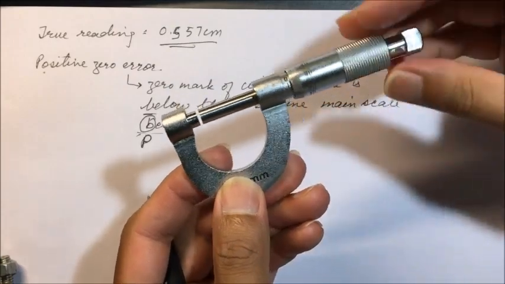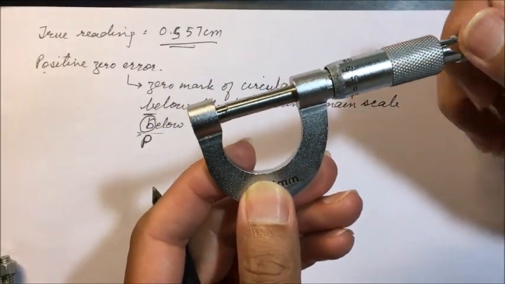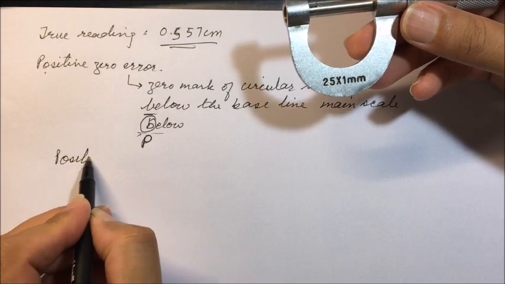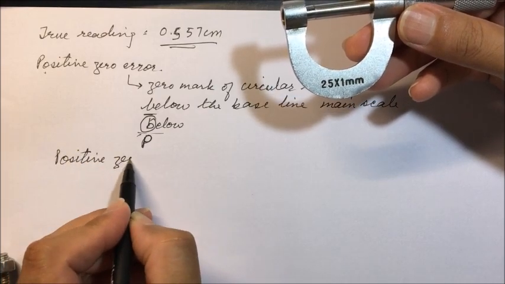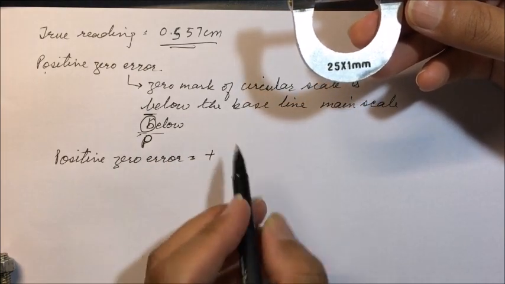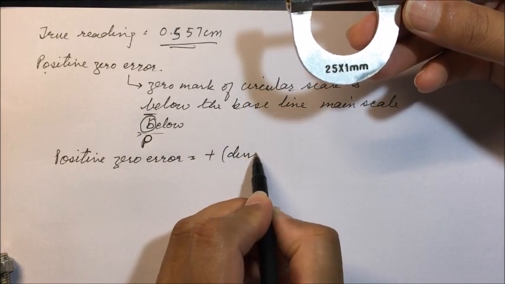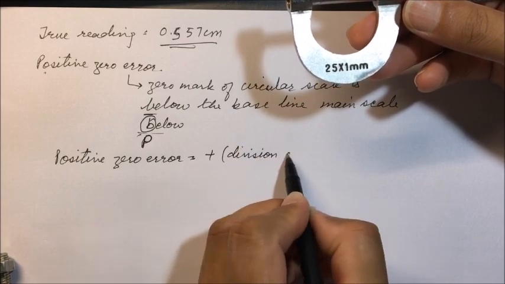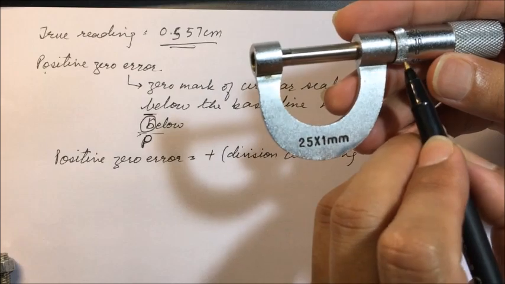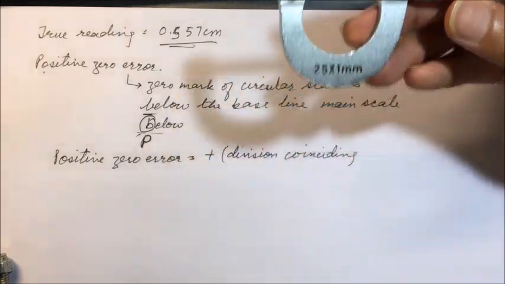Now, if we take the measurement, zero error we first have to take. So positive zero error equal to plus sign will be there and division coinciding. Which division on the circular scale is coinciding with the baseline?